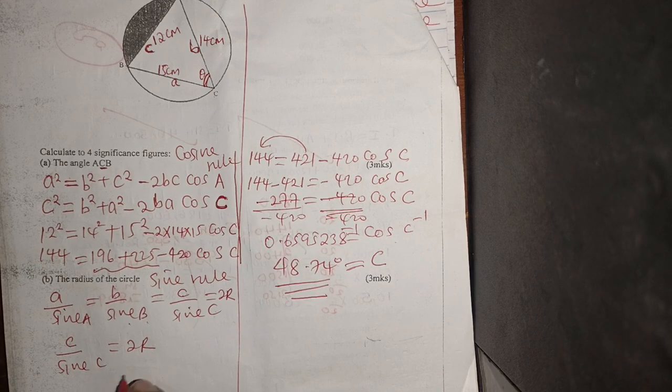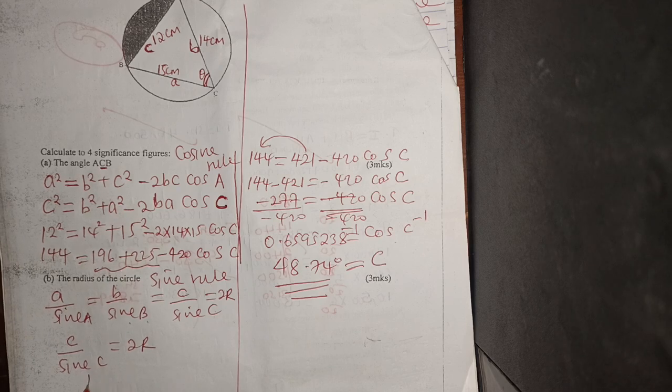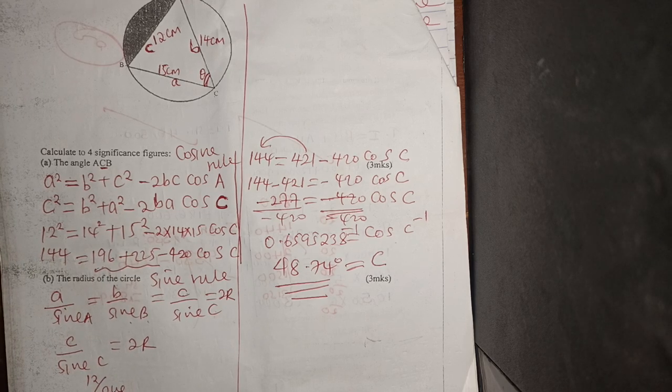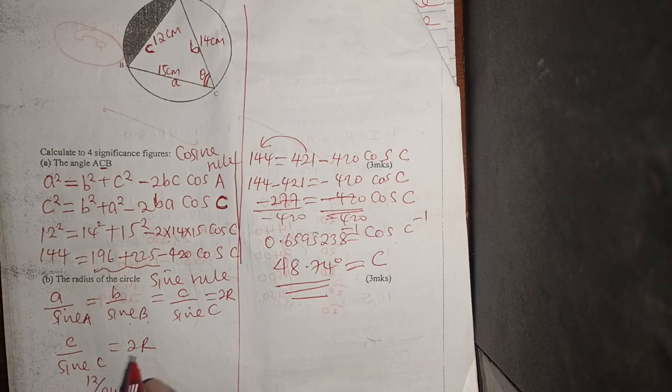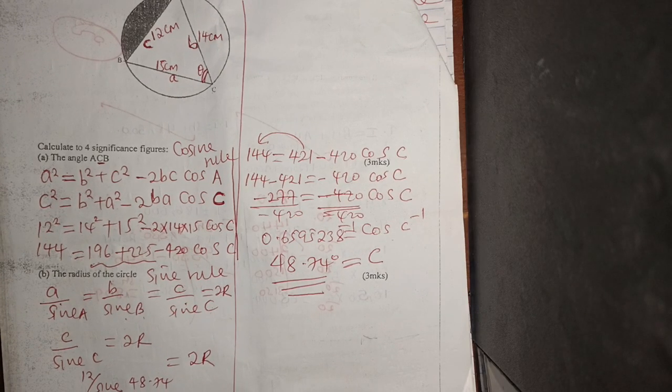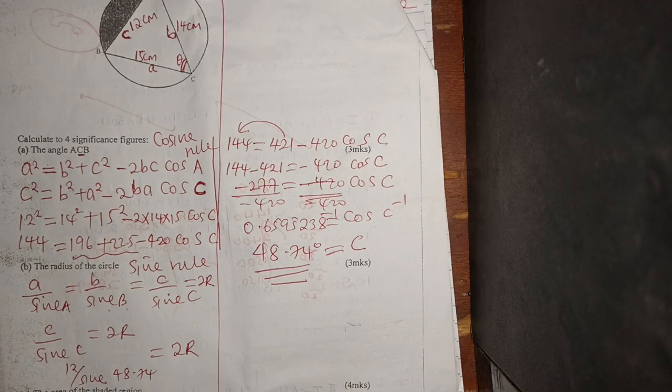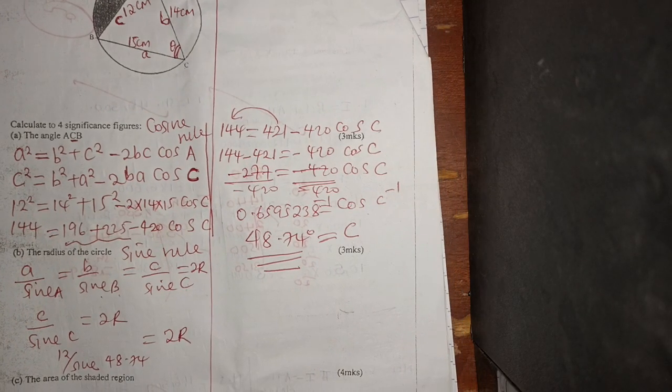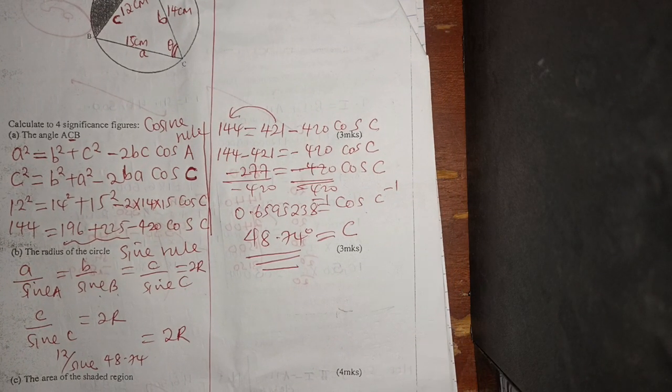So I'll be able to say c, which is 12, over sine C, and that angle is 48.74. It must be 2 times the radius.